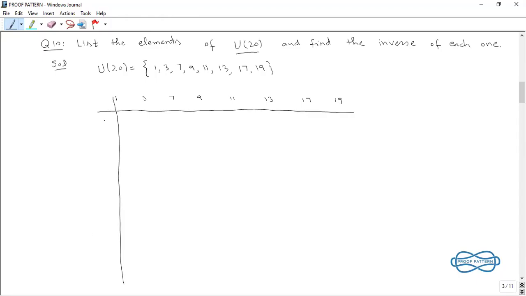The Cayley table is: we just have to multiply and take the modulo 20. So the table will be: we can find this by simple multiplication and taking the congruence modulo 20.